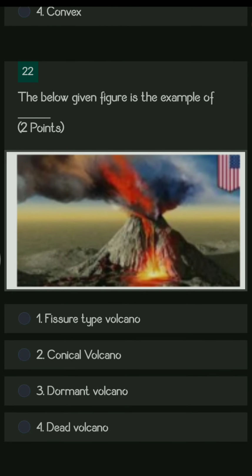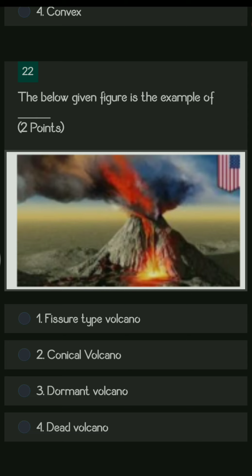Next question. The below given figure is an example of dash. So we have the options like fissure type volcano, conical volcano, dormant volcano, dead volcano. As you can see, the volcano is erupting, so it cannot be a dead volcano. Fissure type volcanoes are basically on the plane surface.